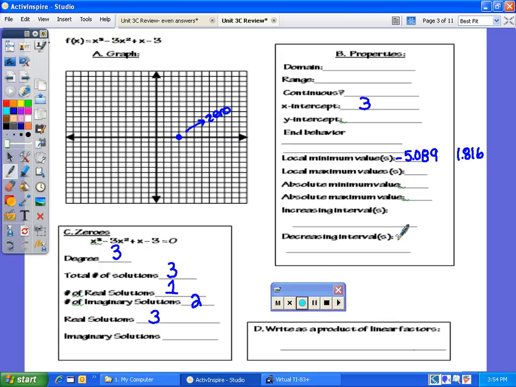Now I'm going to find my local max. The local max is somewhere around here. The local maximum is negative 2.911. The x value is 0.184. Even though you see 183, I rounded up. Alright, so let me just take a moment to graph those.